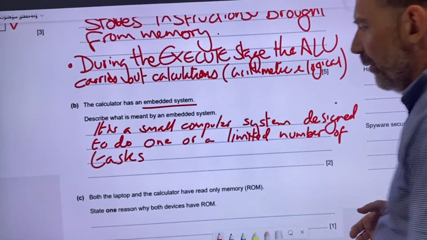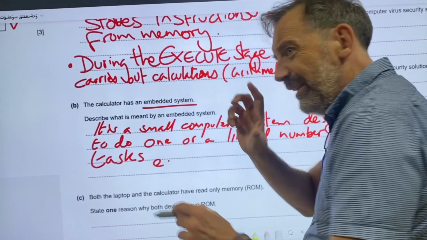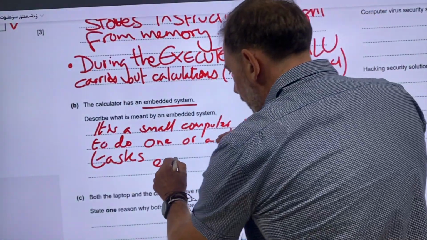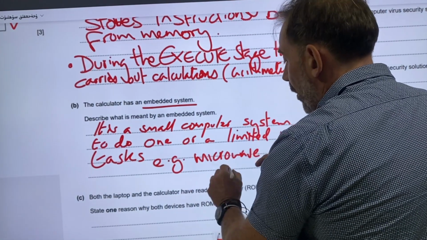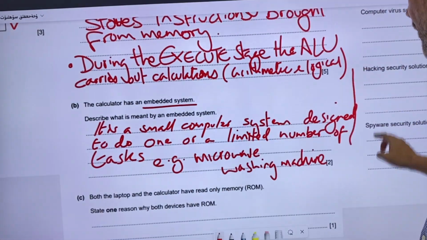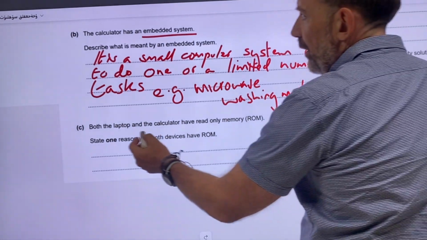We've mentioned calculator, but maybe even anything with a little screen, e.g. a microwave or a washing machine. Nice and easy.